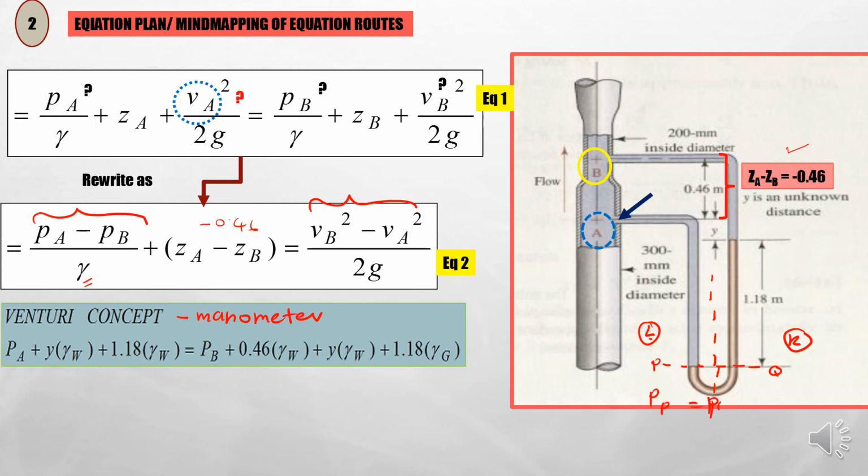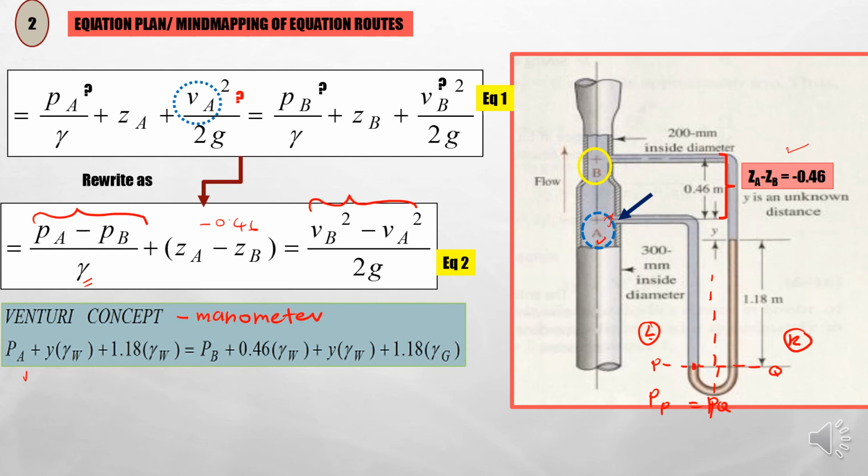So what are the terms which contribute to the pressure at P, on the left? If you look at this point, pressure at P is contributed by pressure A, which is the pressure at this point, plus y times γW, which is a specific weight. There are two different types of liquid used in the system.